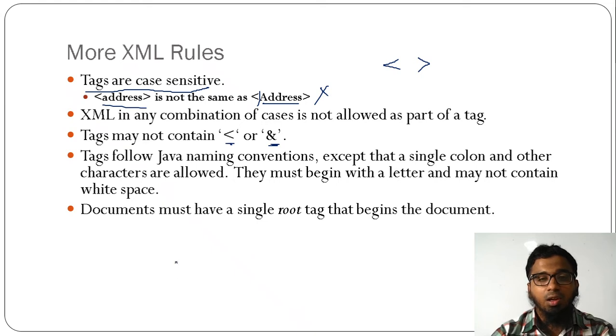You cannot write first then space name; that should be no space. A document must have a single root tag that begins the document. So this is all about the XML rules.